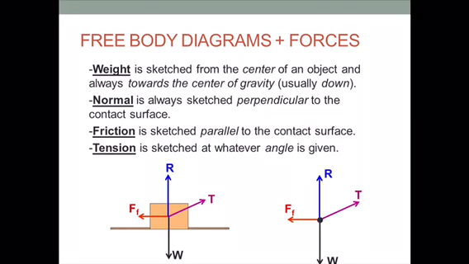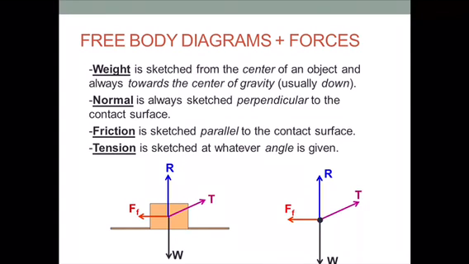So let's look at the left one first. Here we can see there's a certain block that is resting on some surface. The forces that are acting on it are weight, which is going from the center downwards, and normal, which is denoted by R. It's perpendicular to the contact surface, and as we can see here, that is exactly upwards, as our contact surface is parallel to the ground or the bottom of your screen.